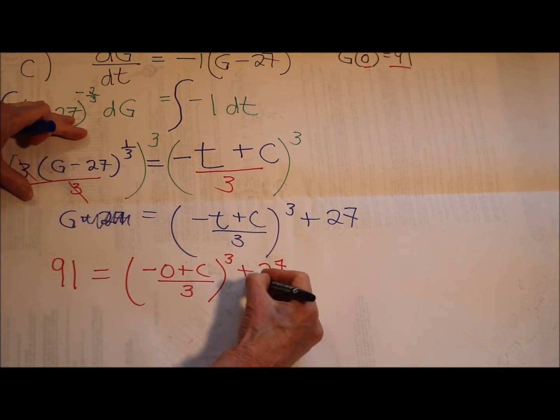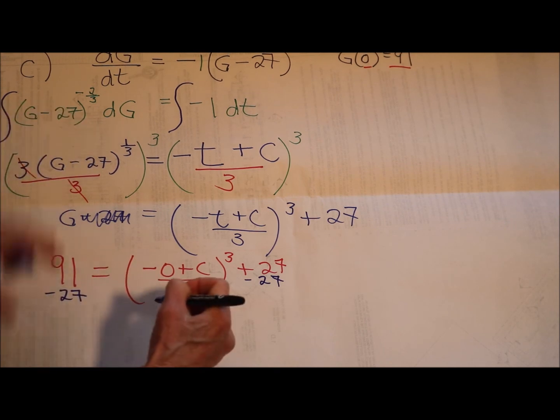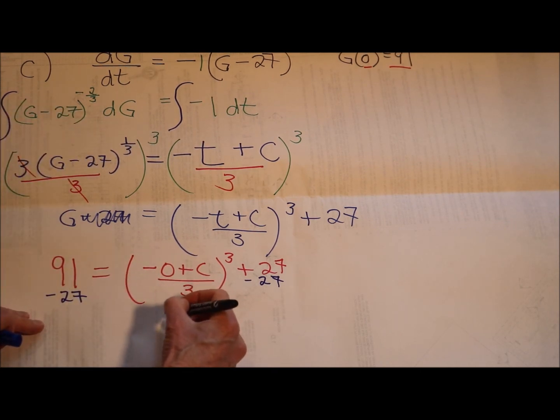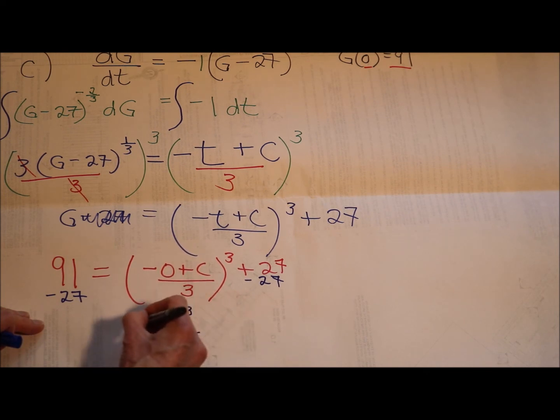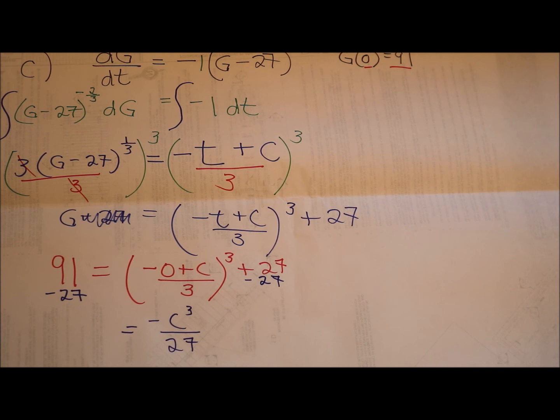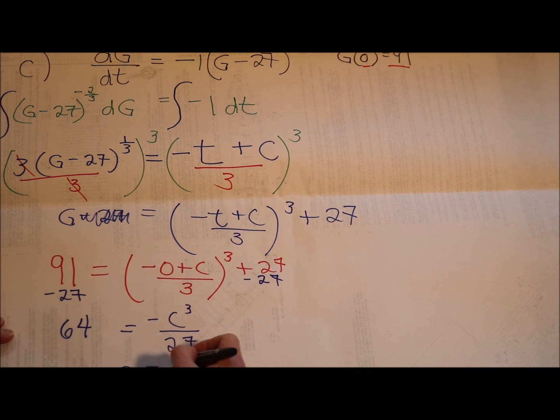So I'm going to subtract 27, just doing some algebra here. I've got, let's see, -c cubed over 27 equals whatever that is, 64. And that works out nicely. I get c equals 12.